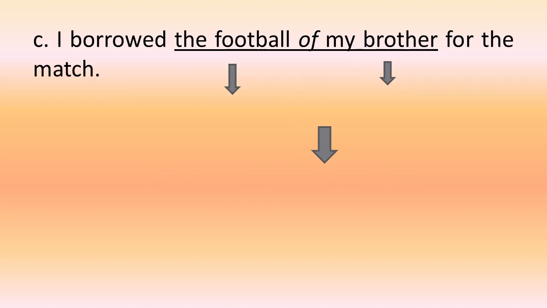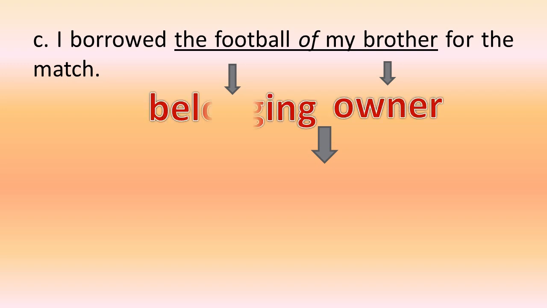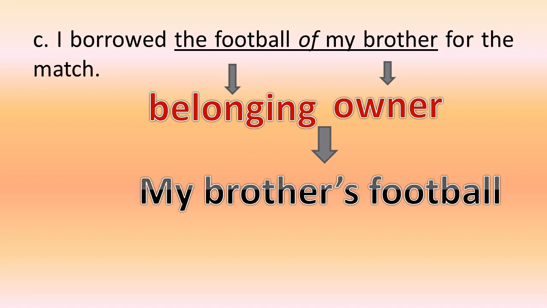Now coming to part C, it says, I borrowed the football of my brother for the match. Now who is the owner of the belonging? My brother. My brother is the owner and football is his belonging. So we would say, I borrowed my brother's football for the match.